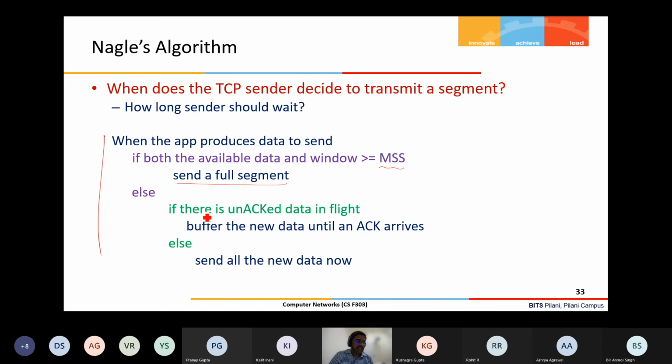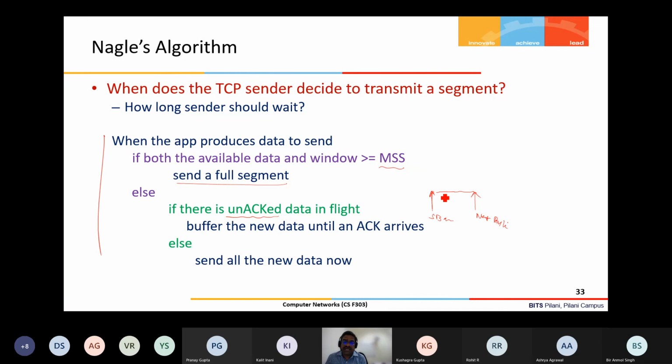Otherwise, if there is unacknowledged data in flight, because the sender knows that, okay, these many bytes I have sent, and my send base is here, and the next byte I'm supposed to send is here.